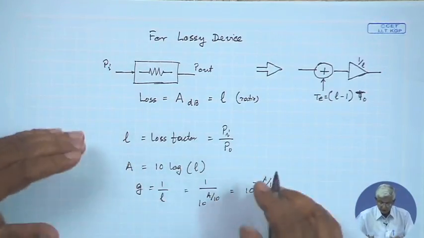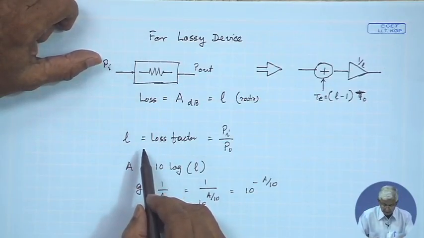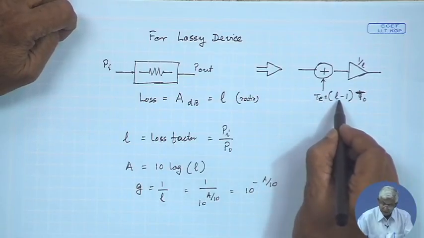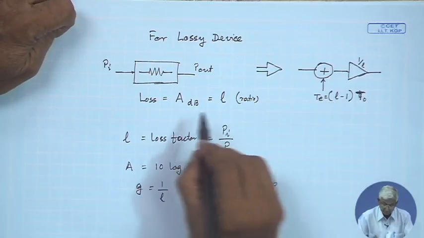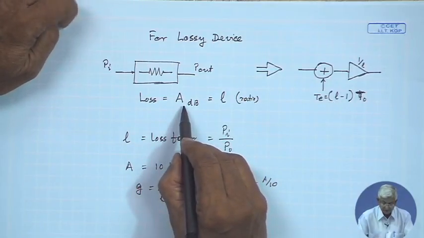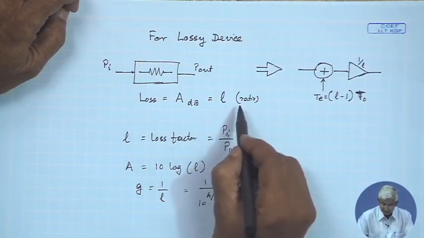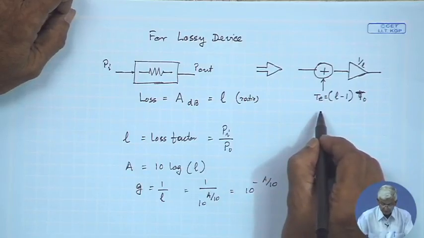The issue I am trying to point out is that when we go into the temperature, we should use a number which is a ratio, not in dB. Attenuations are defined in terms of dB many times, so convert into a ratio and then go into the noise temperature calculation.